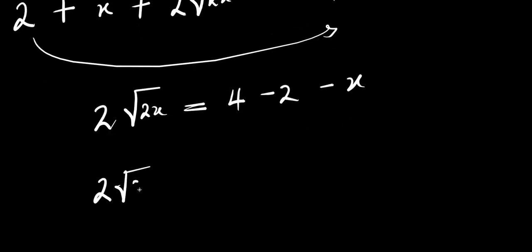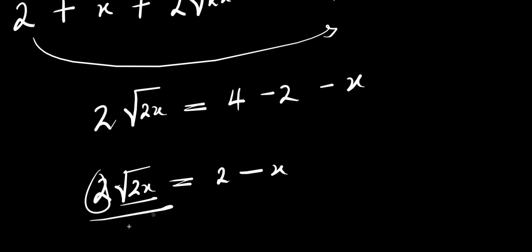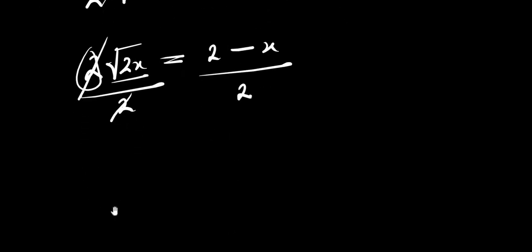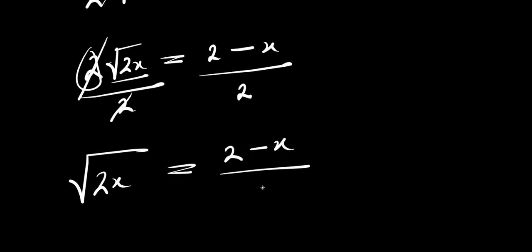We isolate this root 2x by dividing this by 2. 2 eliminates 2. Our square root of 2x equals (2 minus x) divided by 2.